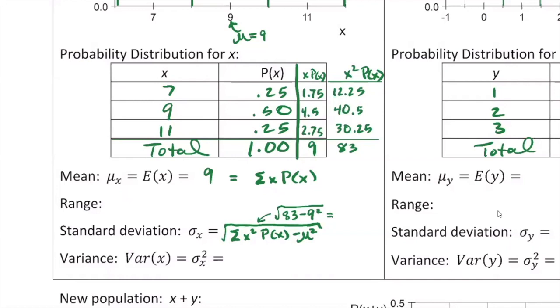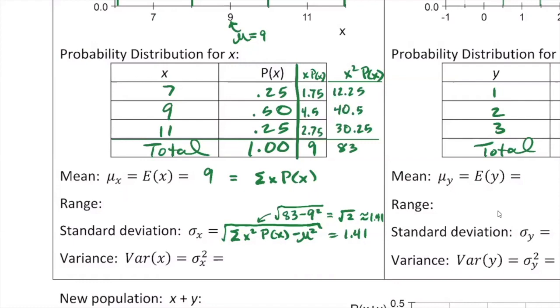So the square root of 83 minus 81 is the square root of 2, which is approximately 1.41. Okay, so the standard deviation is approximately 1.41. Okay, so that's doing it by hand, a little bit tedious, and we won't do that again.